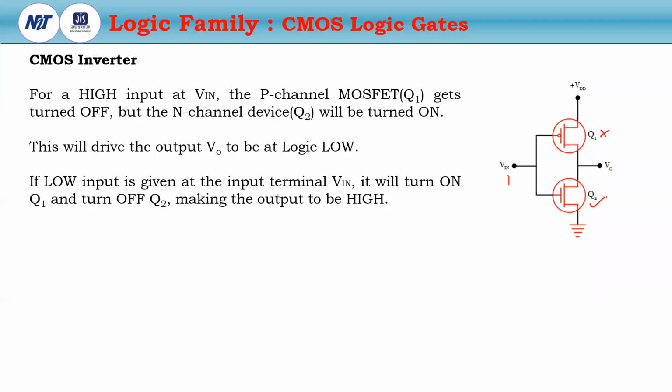So the V0 will be connected to ground and we will get logic 0. If this is 0, then Q1 will be turned on, Q2 will be turned off, and then it will be logic 1. This is the basic principle of the CMOS inverter.